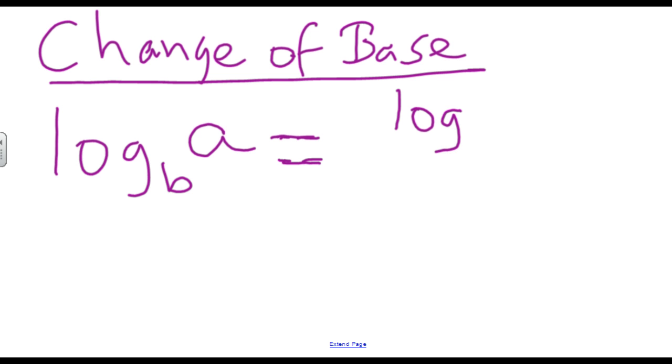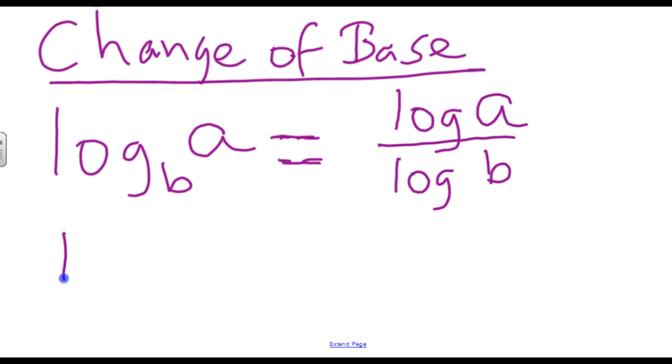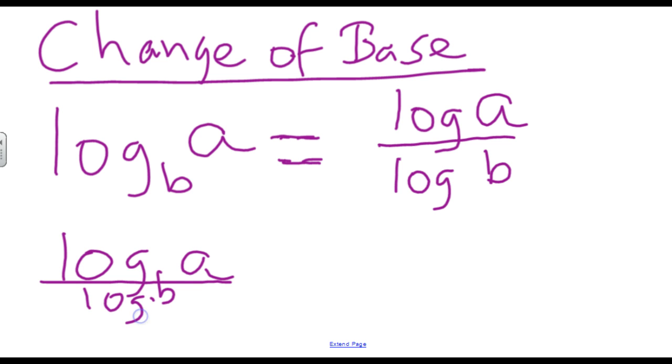So log base 10 of the argument divided by the log base 10 of the base b. So it's the common log of the argument divided by the common log of the base. Little concept for you, the way I think about it, if I have this, all I do is draw a line underneath the log of a and write the word log next to b, and that gives me that change of base right there.